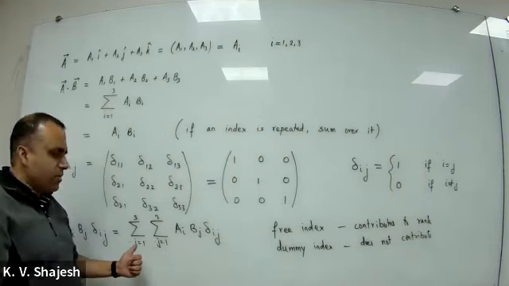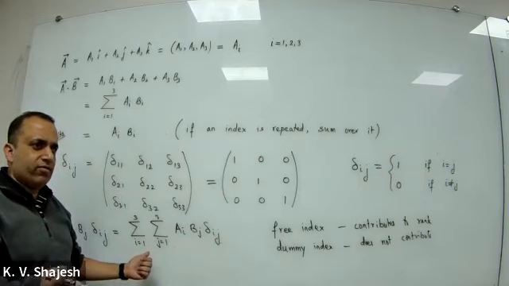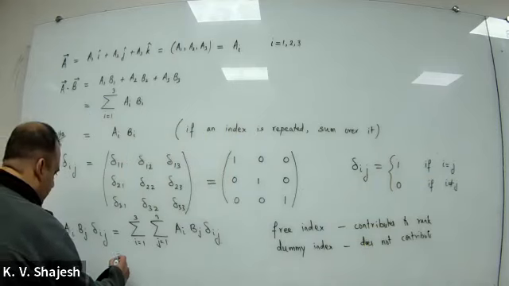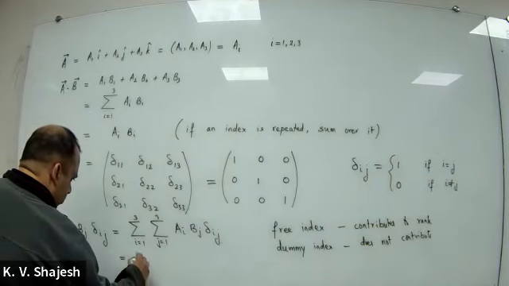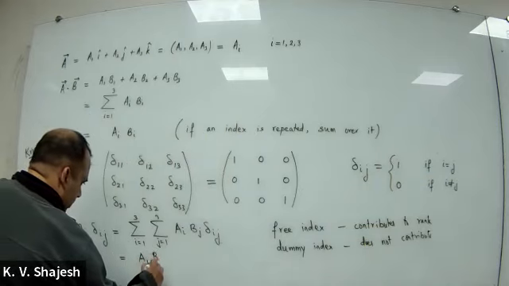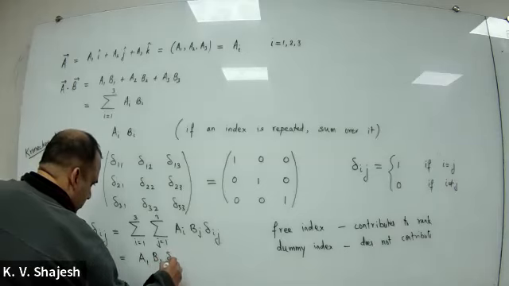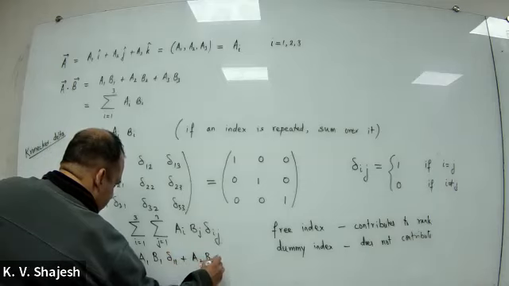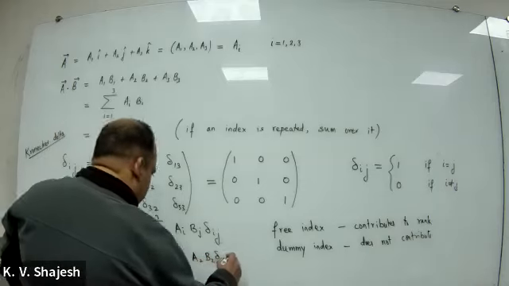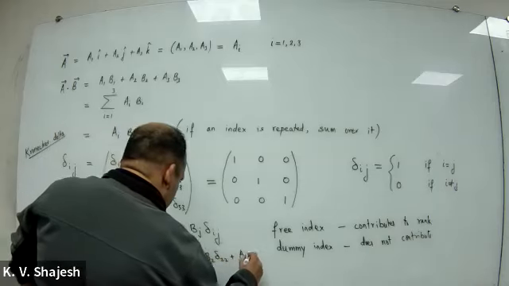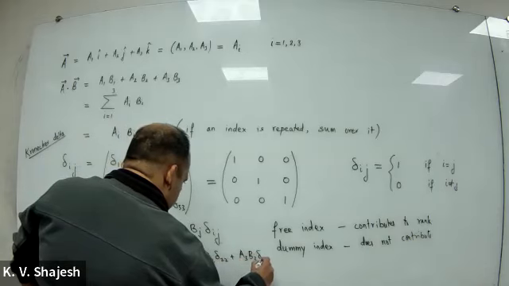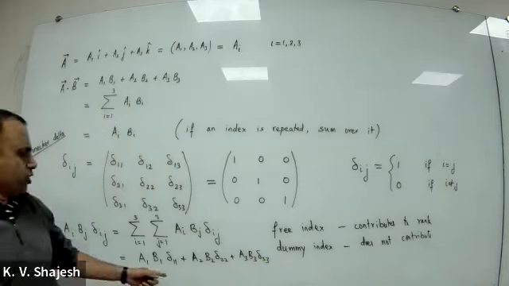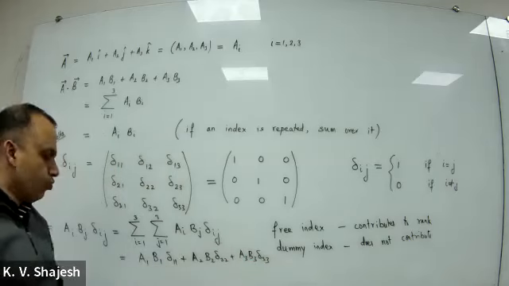Out of those 9 pieces, only 3 survive, which is when i is equal to j. And that means this is A1 B1 delta_11, plus A2 B2 delta_22, plus A3 B3 delta_33. But delta_11, delta_22, delta_33 is 1.